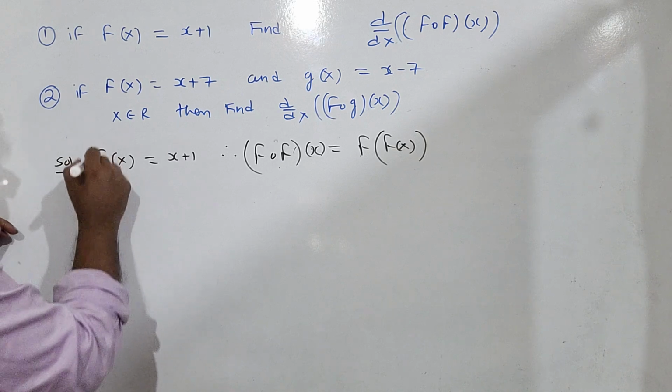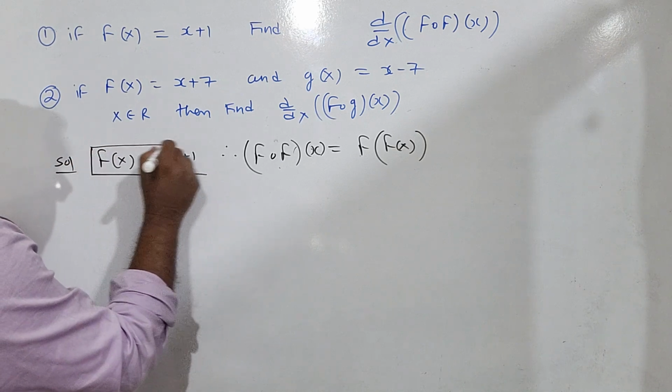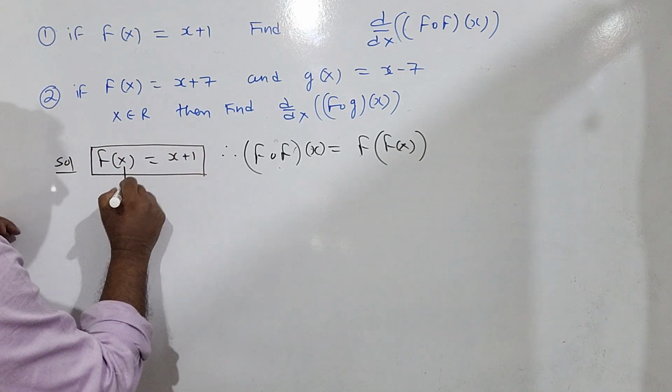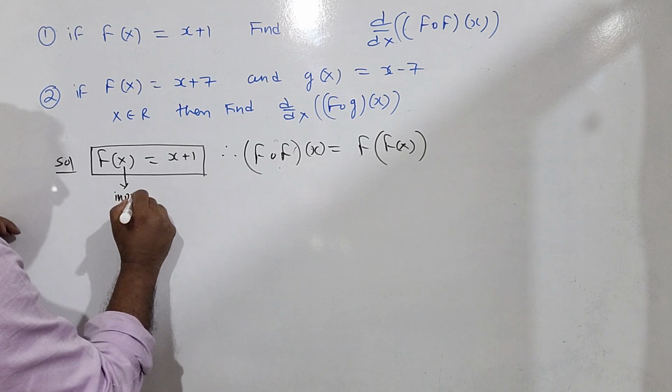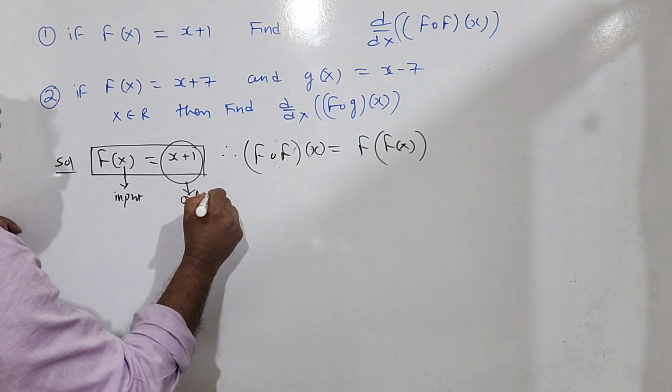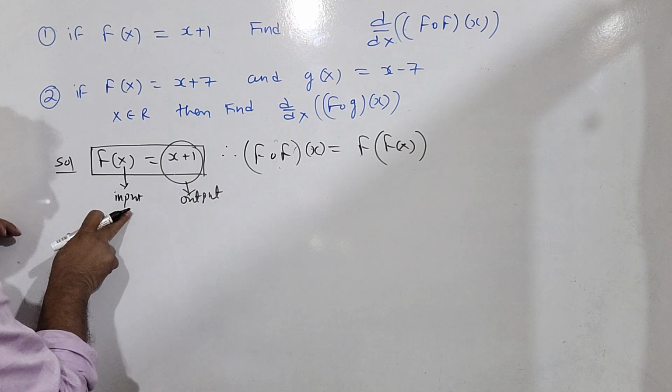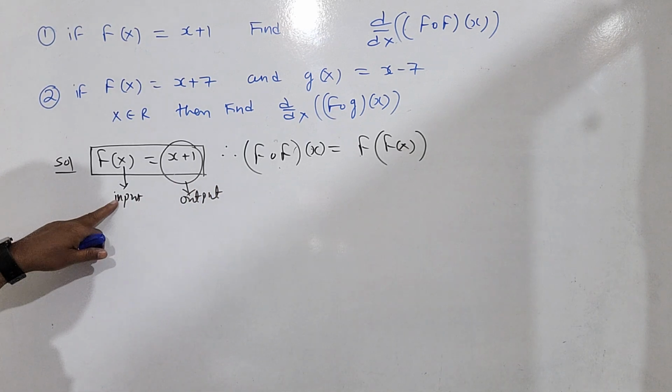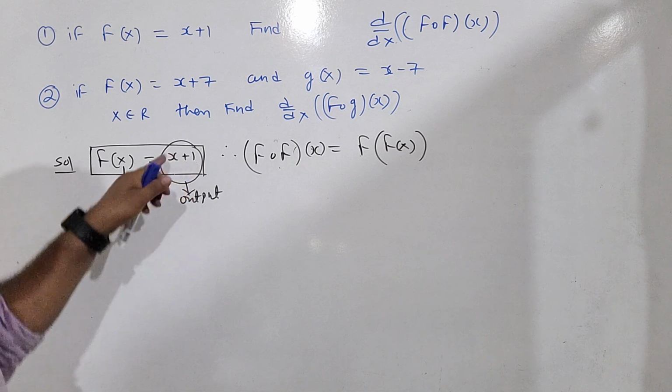Now see, this is the function. The function is defined in this way. This is the input and this is the output. So that means when x goes into the machine as an input, the output will be x plus 1.